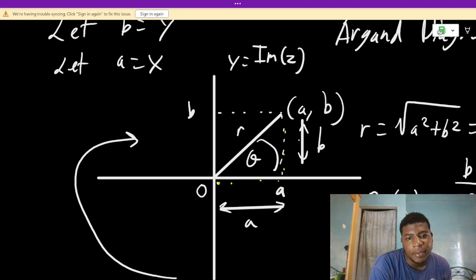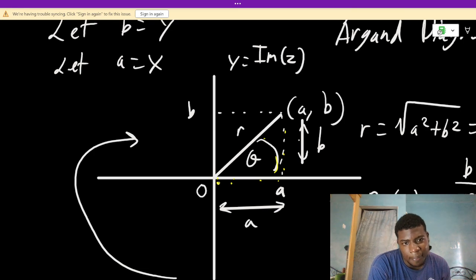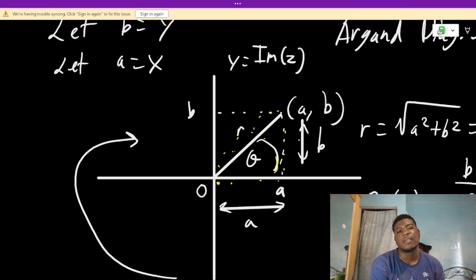Or you can find your length from the origin to that point. Actually, you can also take an angle theta to line up with the point a, b, and just go the distance between a, b and the origin, and you end up at the same point. That's why they're equal.